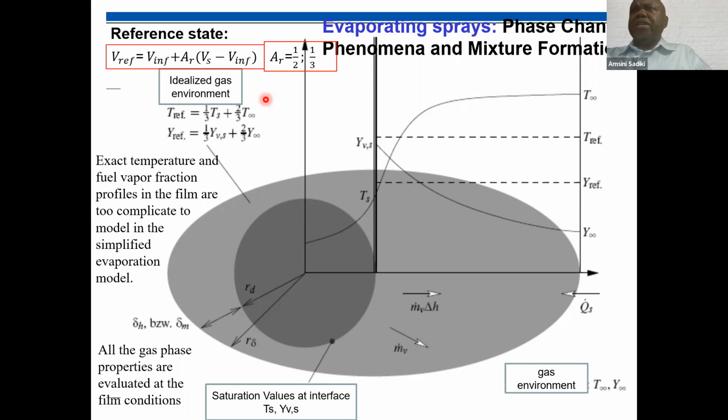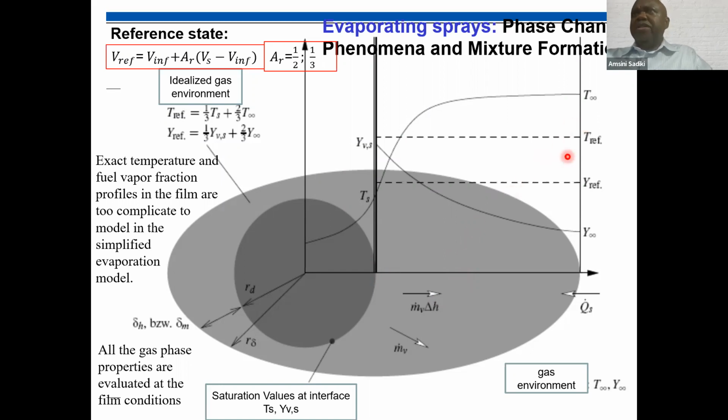We see here the evolution, for example, of the temperature at the interface, and also the mass fraction at the interface, and how we can determine the reference quantities within this layer.